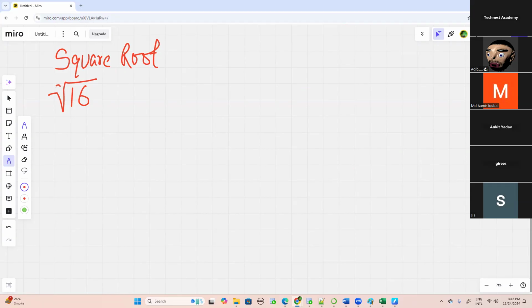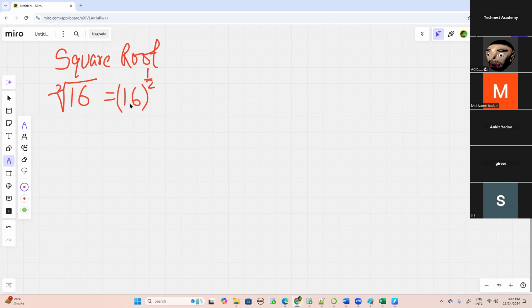If you're not writing anything, it means 2 is hidden here. You can also write this as 16 to the power 1 by 2. So this is known as a square root.